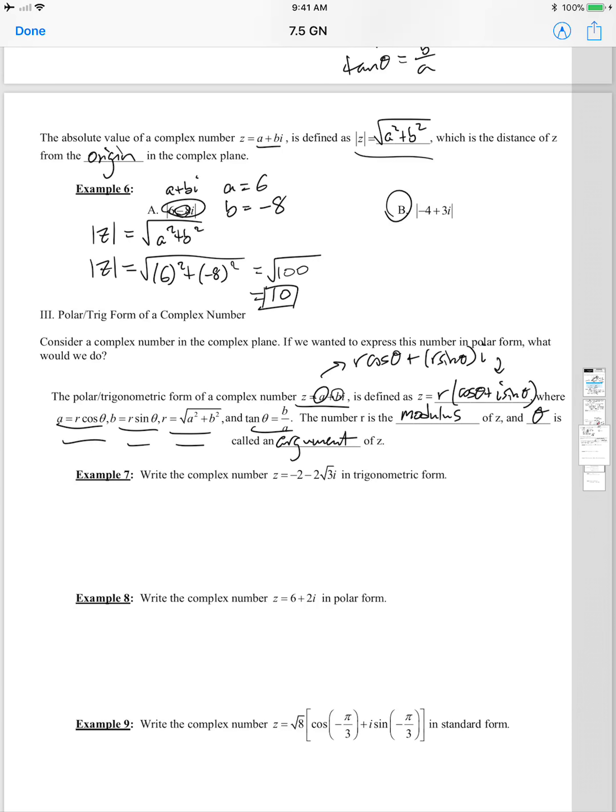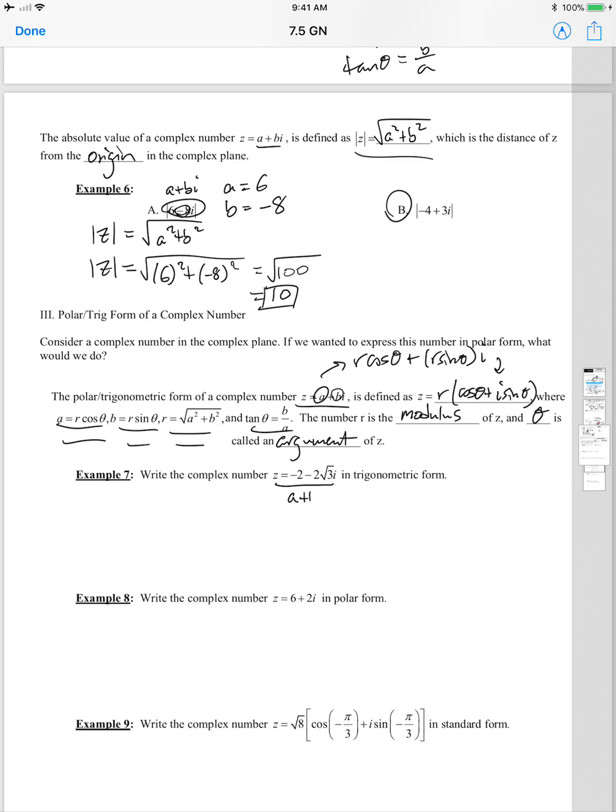So let's look at some examples of this, because your second learning target for this section is to convert complex numbers between these two forms, standard form, a plus bi, and polar, also known as trig form, z equals r times cosine theta plus i sine theta. So we're given this complex number that's in standard form.